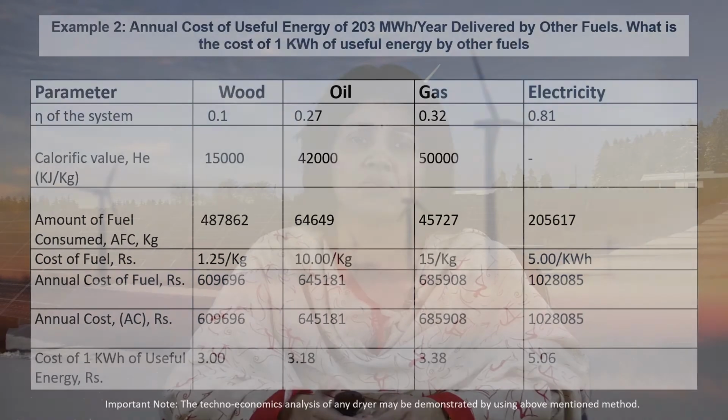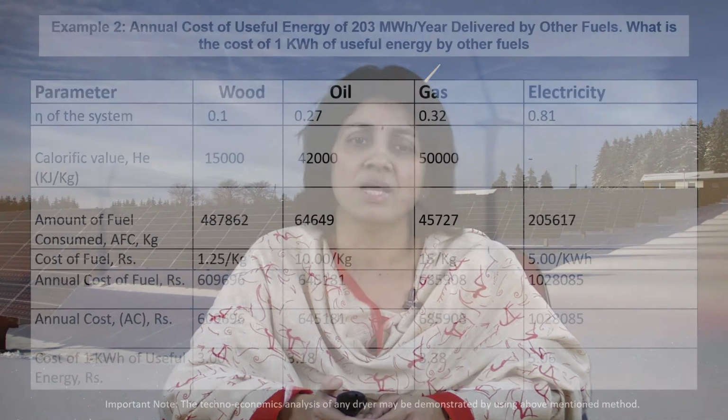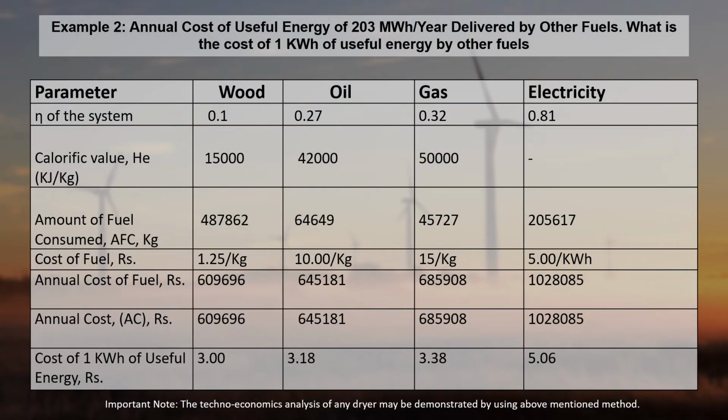First we calculate what will be the annual cost of fuel. It can be calculated by multiplying the cost of fuel into the amount of fuel consumed. For wood, it comes out as 609696. For oil, it comes out as 645181. For gas, it is 685908.